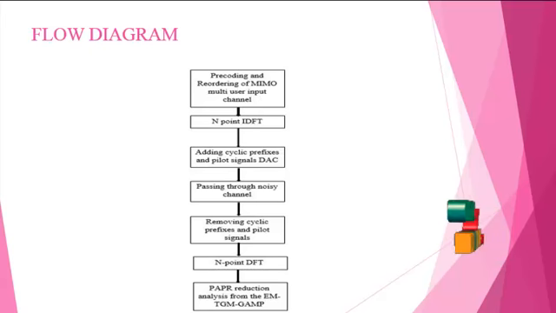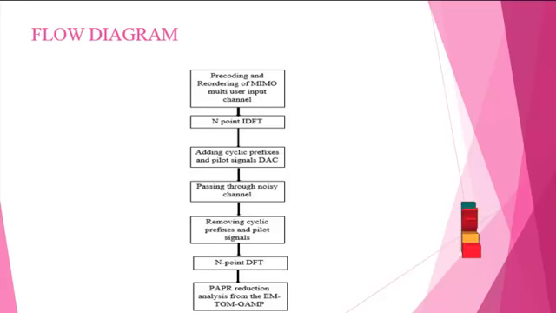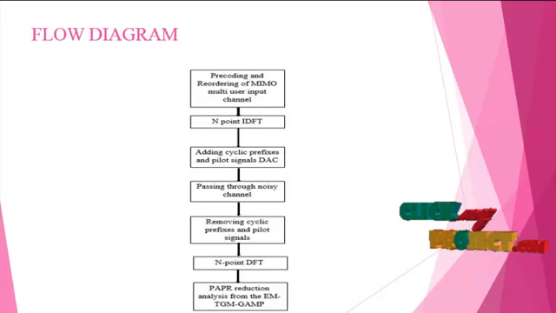After the inverse transform of our modulated signal, we add the cyclic prefixes and pilot signals to the modulated signal. The digital value of our signal is converted into analog by means of a DAC converter, and it is passed through the noisy channel. At the receiver end, the analog to digital converter is used, which converts analog values into digital values.